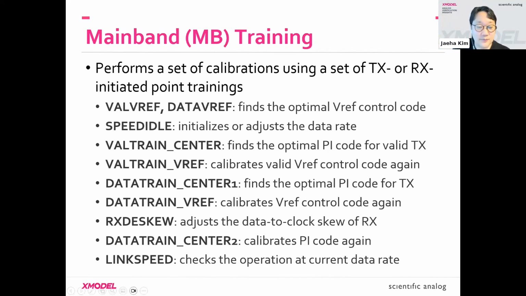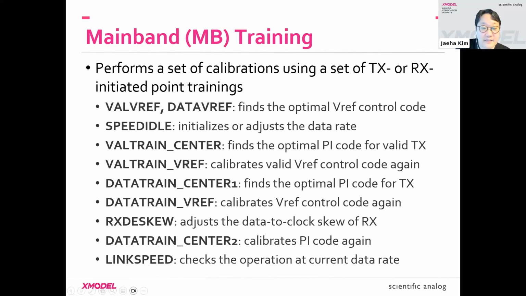That's RxDSkew. And once that is done, our specs is worried about the center point being disturbed, so it performs another timing adjustment. And then at the link speed stage, it says, oh, now everything is calibrated, let's make sure that it works at this speed. Depending on this result, if it's successful, it says, oh, it's okay to start operating here at this data rate, given these settings for the Vref, timing, and so on.